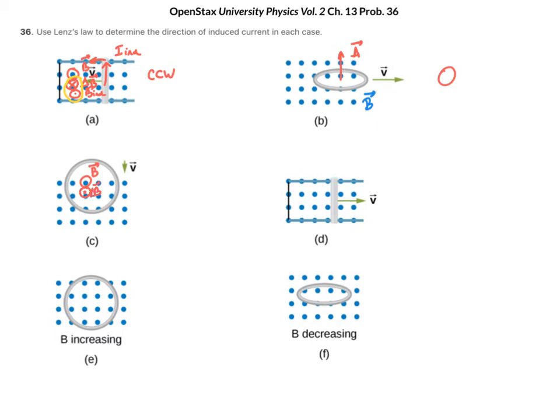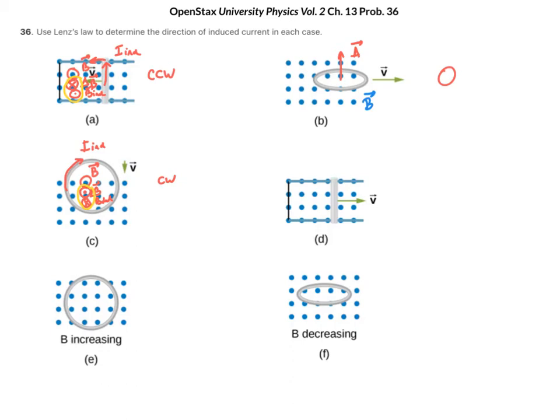So this is my delta B. Now the loop will want to induce a magnetic field to oppose the change, by producing an induced magnetic field in the opposite direction of the change. And then with the right-hand rule, we put our hand inside the loop with our fingers into the loop. So our thumb will go around in this direction, and that's the induced current. So the induced current is clockwise.